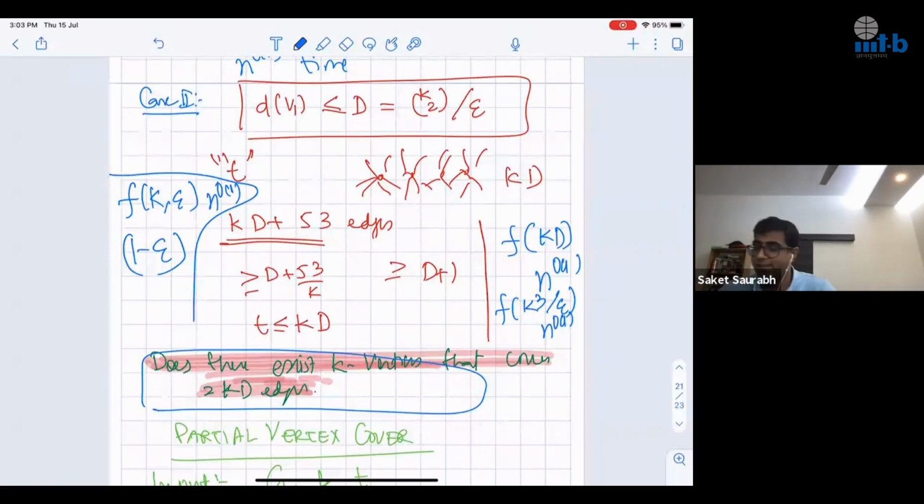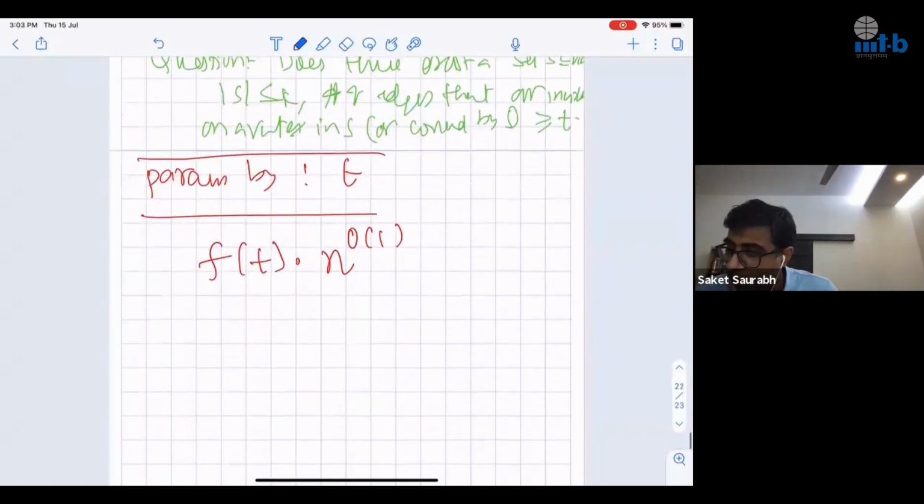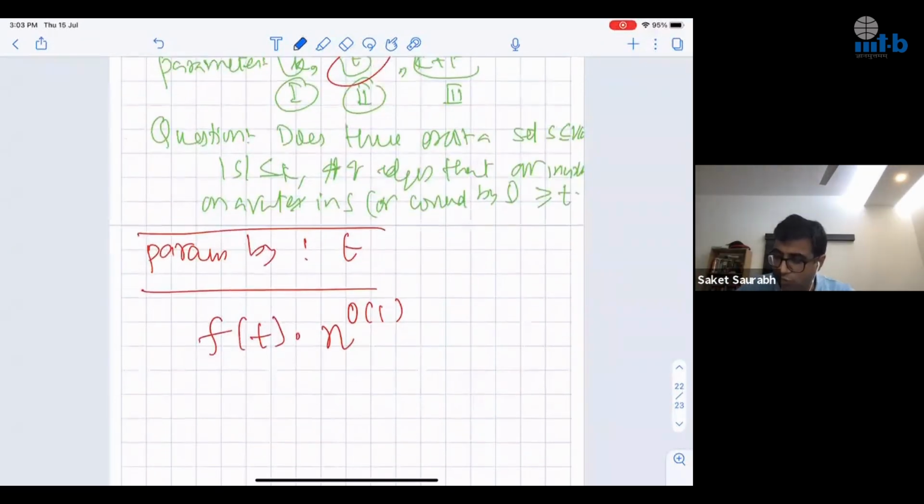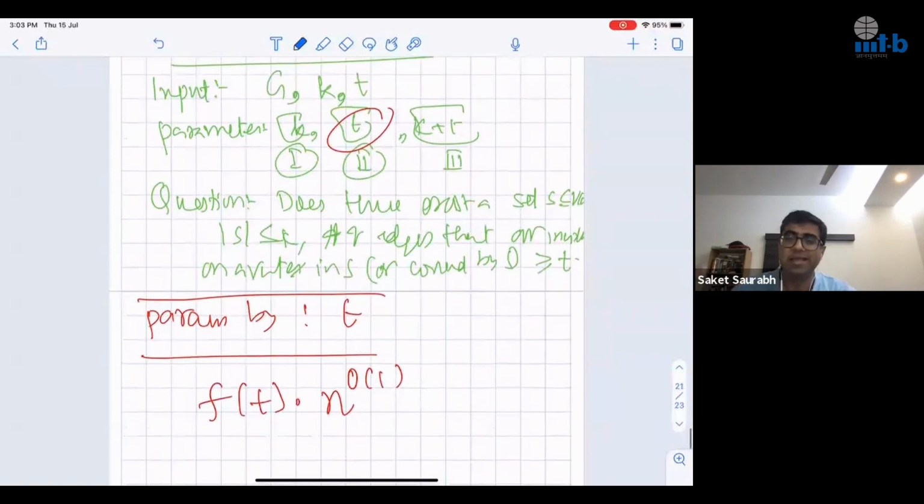That is what will happen if I am able to show the problem is FPT parameterized by the number of edges that I need to cover. Is that fine? Please let me know if you have understood, then please put +1.